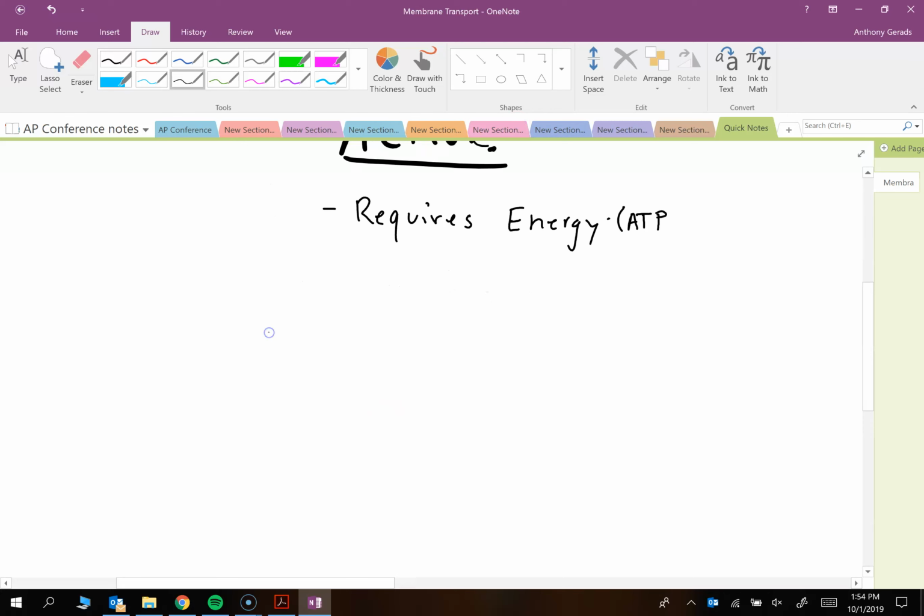If I'm doing active transport, I am moving stuff against the concentration gradient, or moving stuff from low to high. So pretend at lunchtime, this little passageway between the science building and the fence.